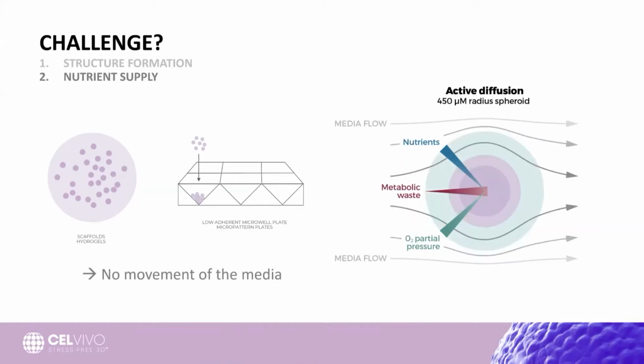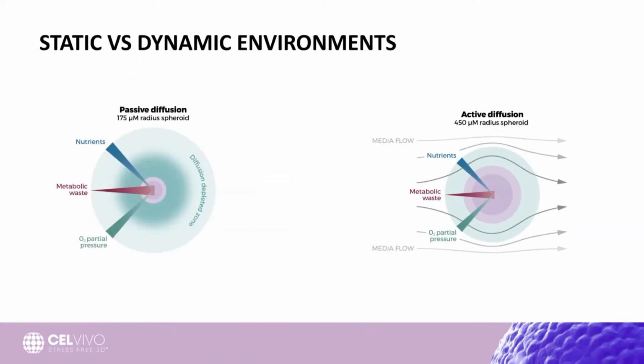And in a dynamic system, you will have movement of the media around the constructs. A common way to do this is that when you have your passive situation where the cells will consume the nutrients and build up the metabolic waste, it will also have poor access to the gas or oxygen.